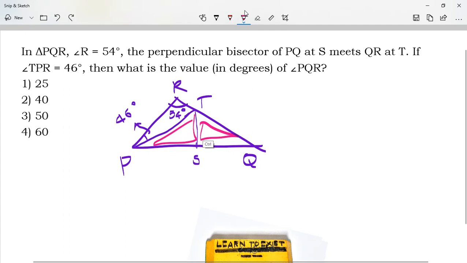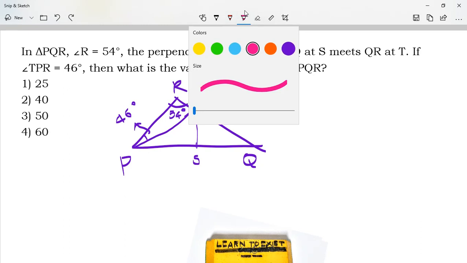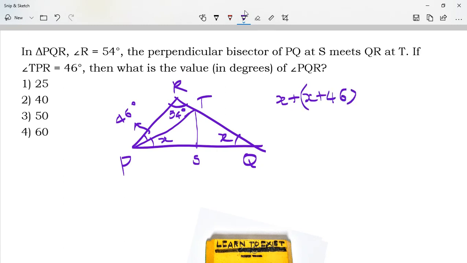Okay, so since these are two equal triangles, the angles should be equal. And which are the angles? The angle corresponding to TPS will be equal to the angle corresponding to TQS. So this would be X. Okay, so if you are looking at the triangle PQR, the sum of angles would be X plus 46, talking about this angle, and 54.